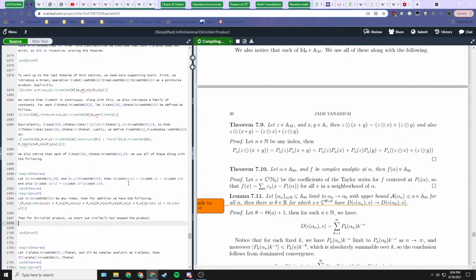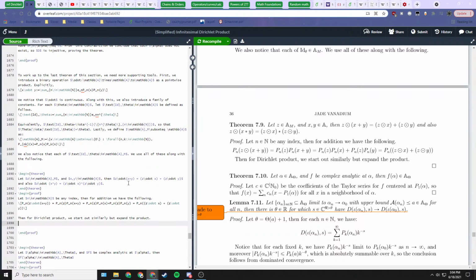Okay, then for Dirichlet product, we have p sub n projection of z O dot, and now instead of x plus y, we have x star y. So this is just p sub n of z times p sub n of x star y.